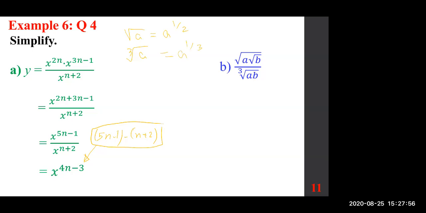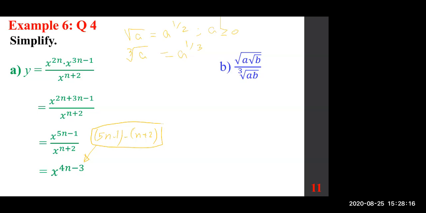And what I want you to, of course, remember: when the index is odd, we have no restrictions. When the index is even, what's underneath must be positive. And remember, in this case, the limitation is a is positive, and that is the assumption.